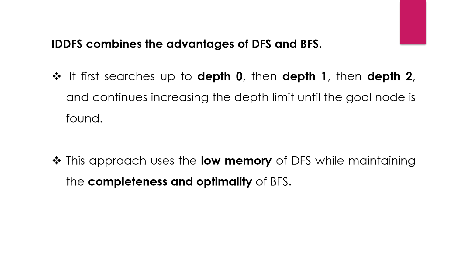It is extremely useful when the depth of the goal node is unknown. It first searches up to depth 0, then depth 1 and depth 2, and continuously increases the depth limit until the goal node is found. This approach uses the low memory of DFS while maintaining the completeness and optimality of BFS.